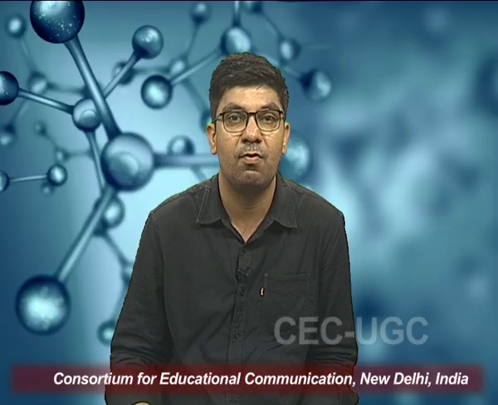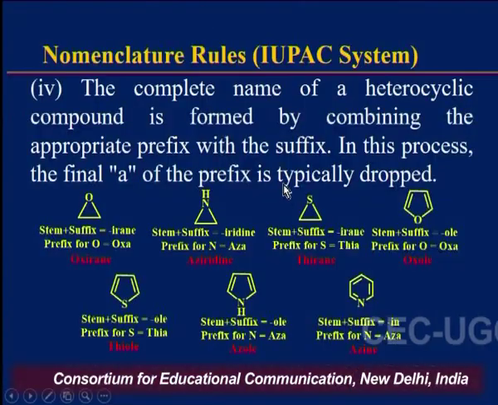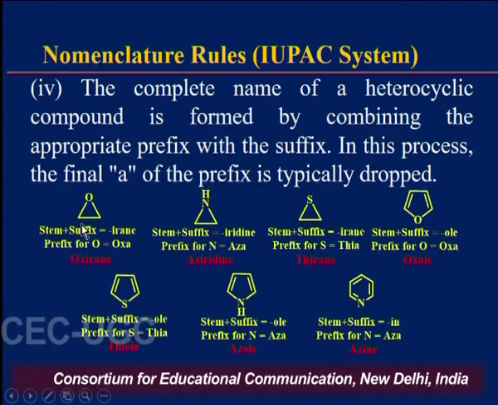So now we should be ready for the nomenclature of heterocyclic compounds. While writing the complete name, we have to drop a letter from the prefix. For example, if the ring is 3-member and oxygen is the heteroatom, then the stem plus suffix will be irane, and the prefix for oxygen is oxa.